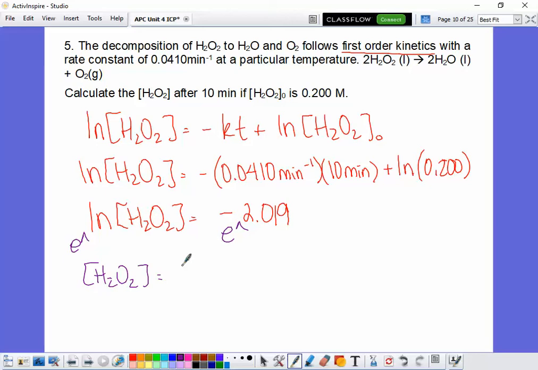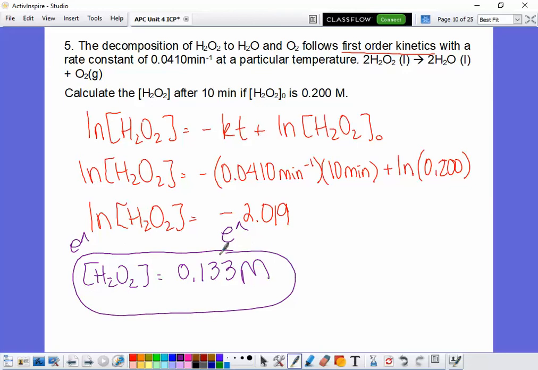And you should get what? 0.133. And what's your unit? Molarity. So that is the concentration of H2O2 after 10 minutes. Okay? We could find the concentration of H2O2 after any amount of time, as long as we know the initial concentration and we know what order of reaction it is. So we know which formula to plug it into.